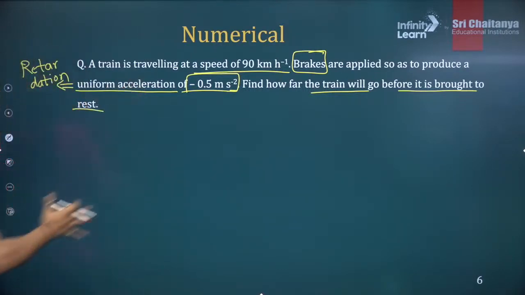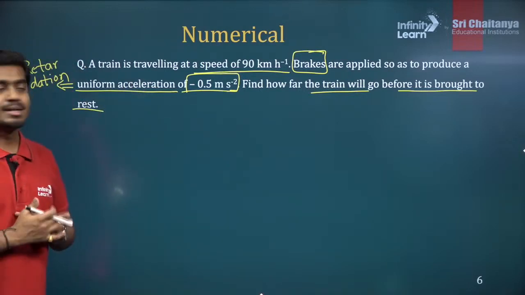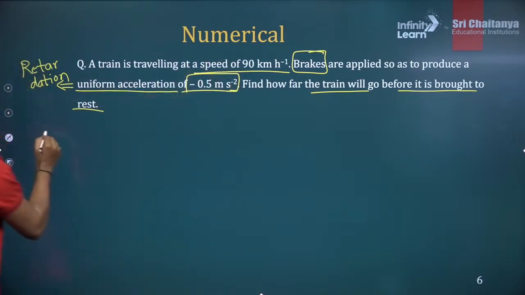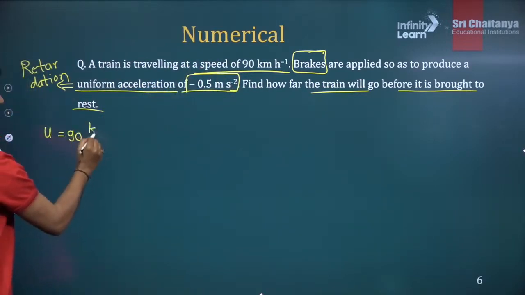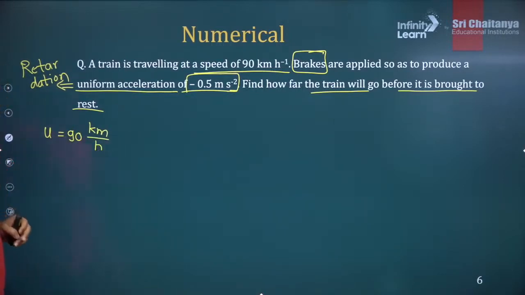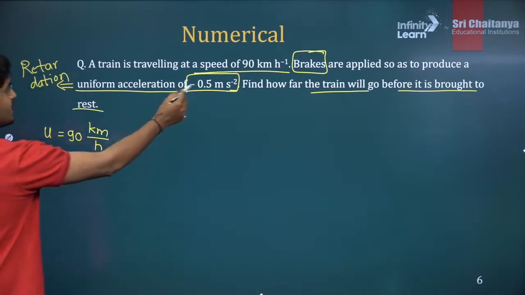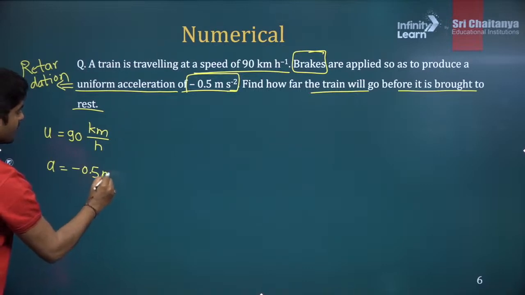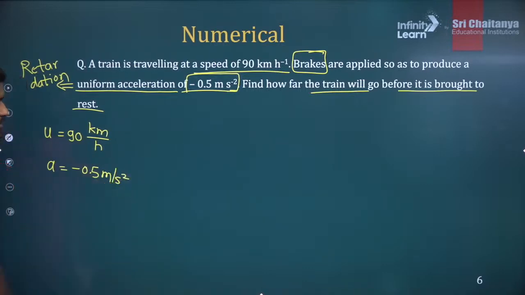So here again, let's write down what are the known terms. What is known? This is the initial speed. So u is given as 90 kilometers per hour. Correct? So acceleration is given. How much? Minus 0.5 meter per second square.